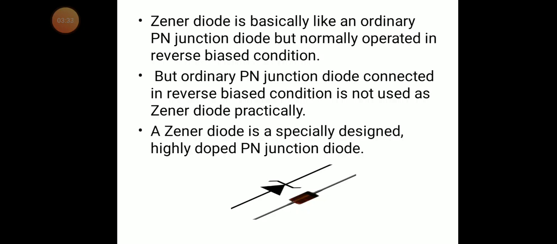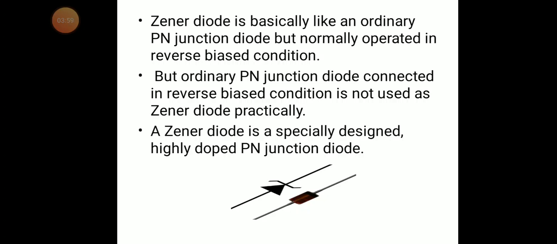So the Zener diode is basically like an ordinary PN junction diode, but normally operated in reverse biased condition. But an ordinary PN junction diode connected in reverse biased condition is not used as a Zener diode practically.